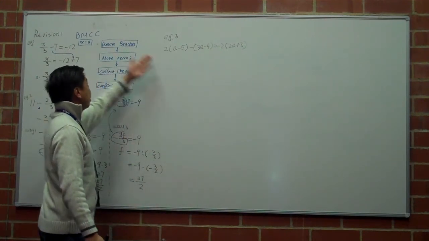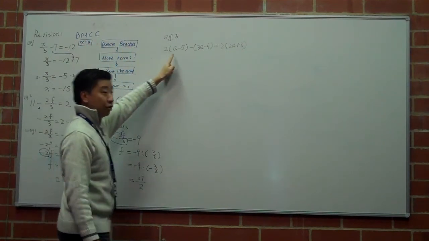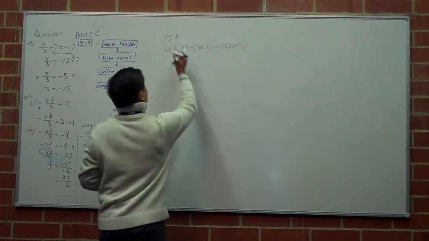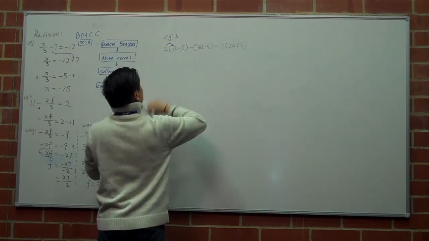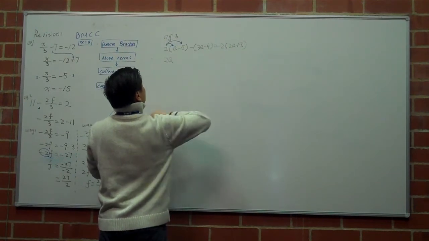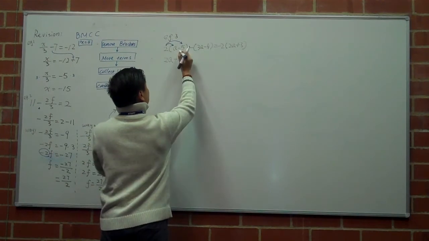When you have this question, follow these 4 steps. B, M, C, C. Bracket. Do you have bracket? Good. Expand the bracket. Don't forget to draw the arrow. 2a. Take away 10. 2 times negative 5.